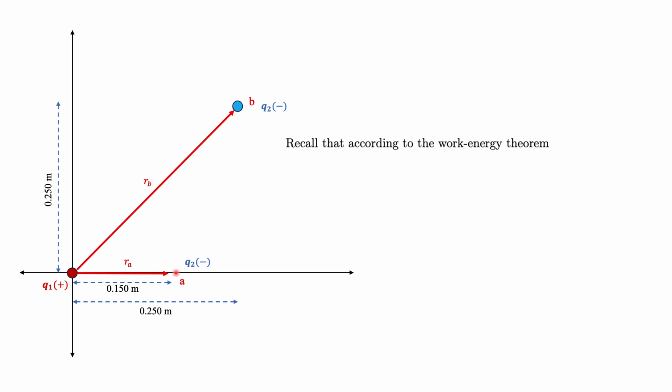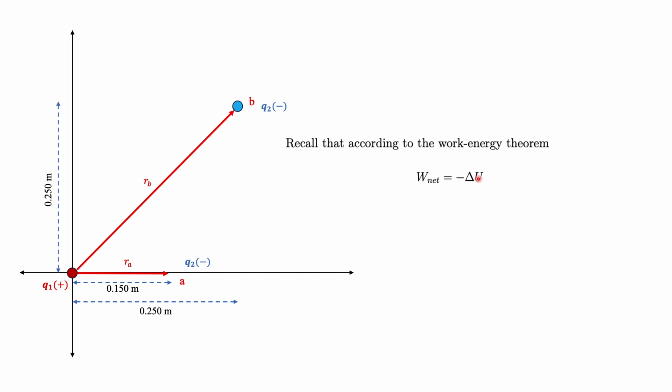Recall that according to the work-energy theorem, particularly the relationship between the net work and the potential energy, the net work done on a system is just equal to the negative change in the potential energy.